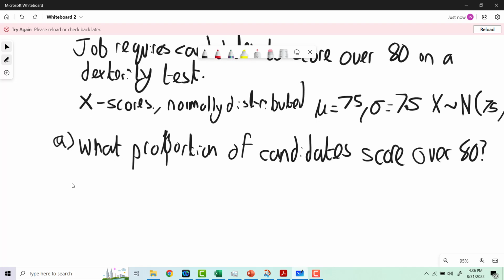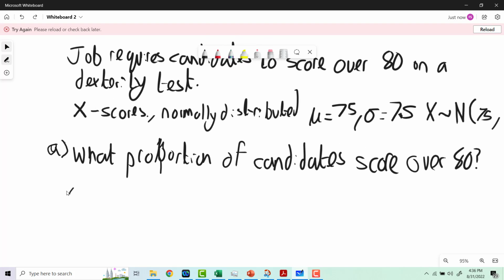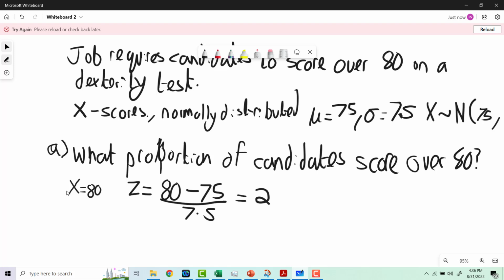So we'll say if X is going to be 80, then Z equals 80 minus the mean, 75, all over sigma, 7.5, which is equal to 5 over 7.5. We'll just put it as a fraction at the moment, 2 over 3, or 0.6 recurring.